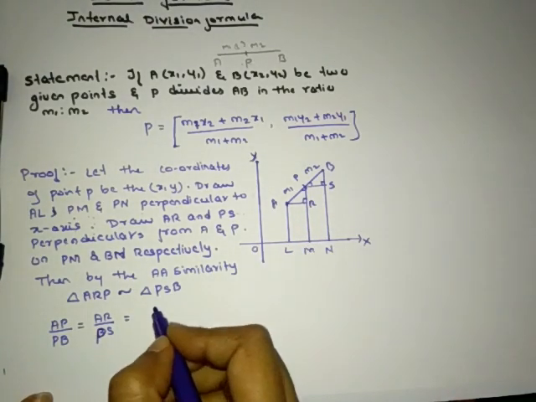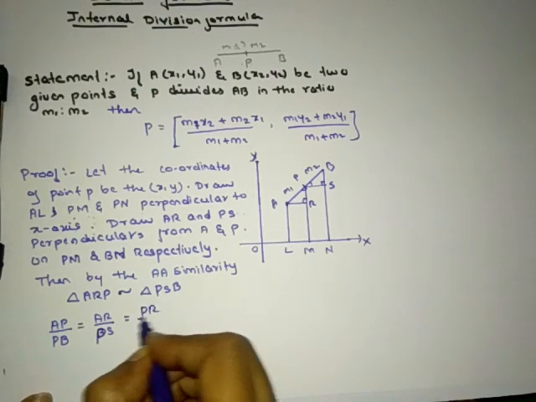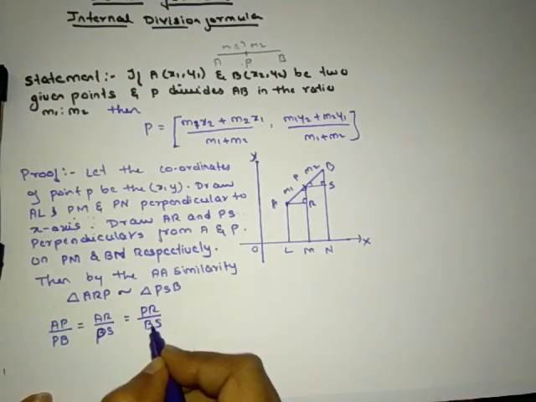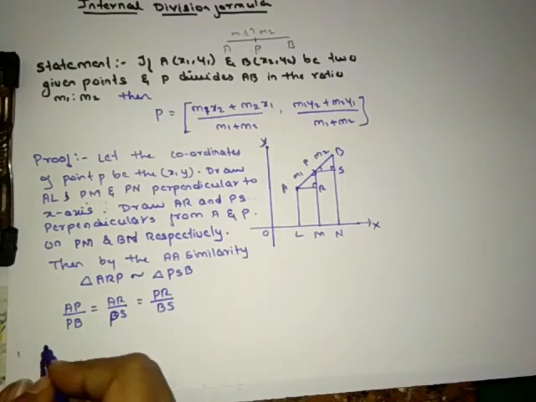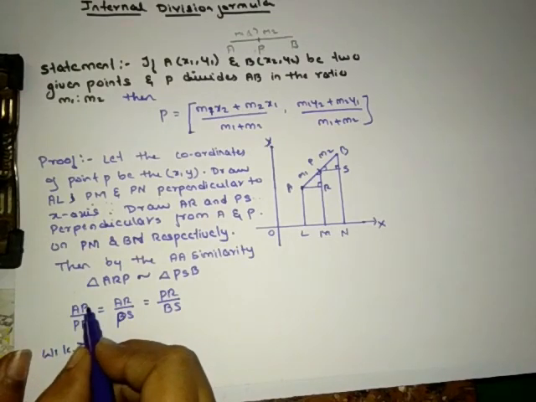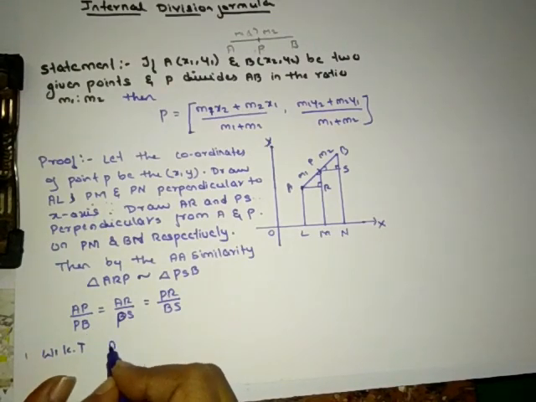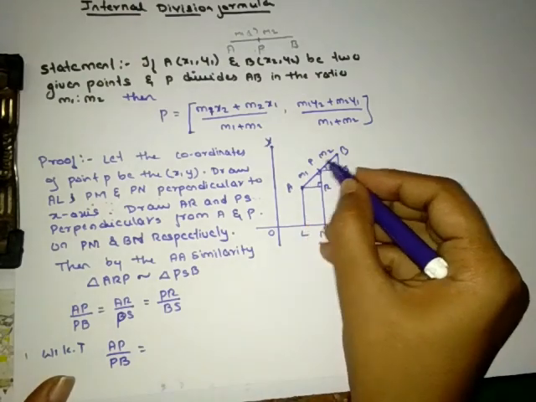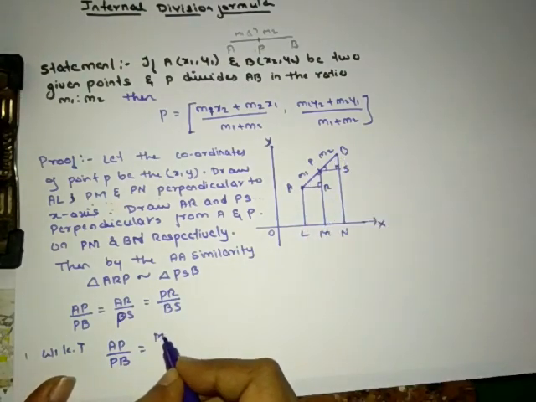This is PS and PR divided by BS. But we know that AP divided by PB is equal to m1 divided by m2.